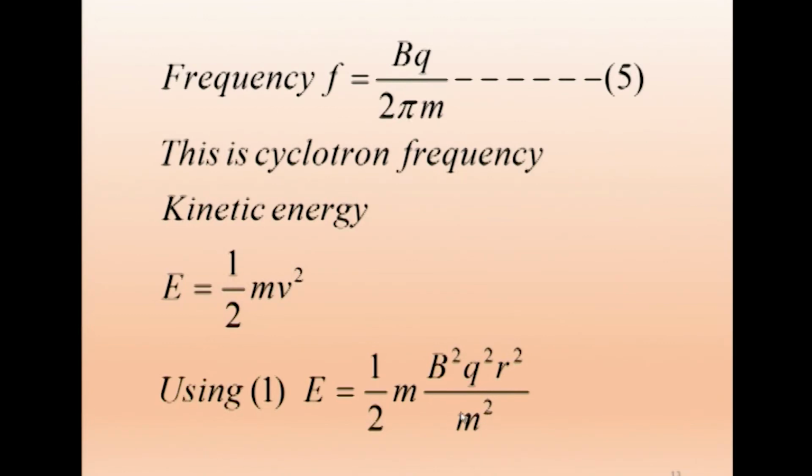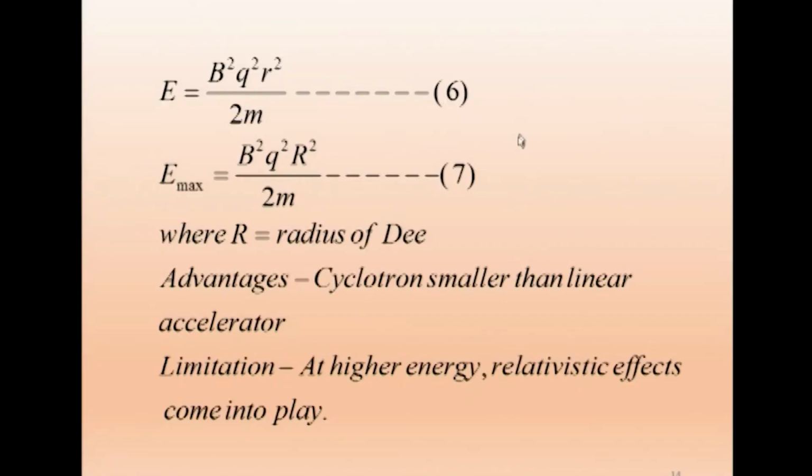The energy of the particle is a function of b, q, r only, because we have substituted for velocity. Simplifying, E equals b squared q squared r squared by 2m.